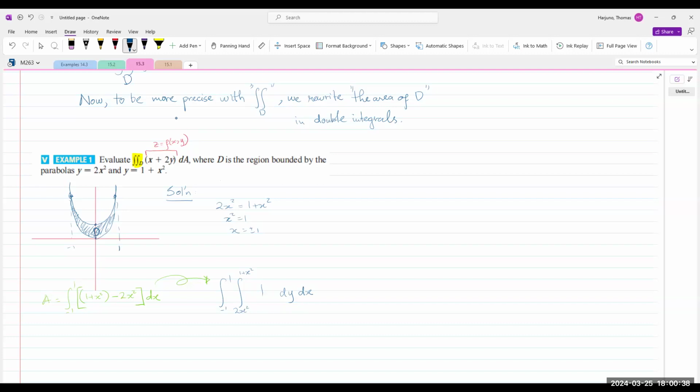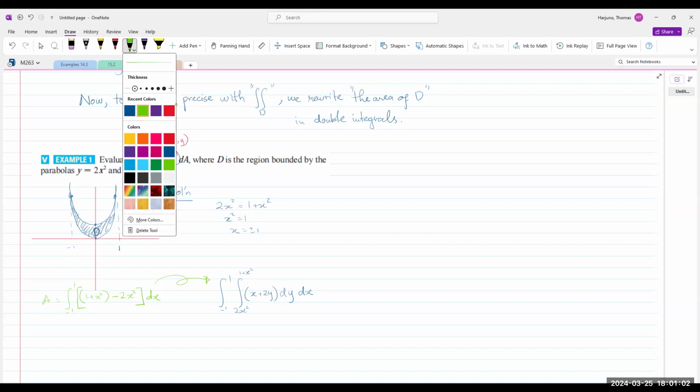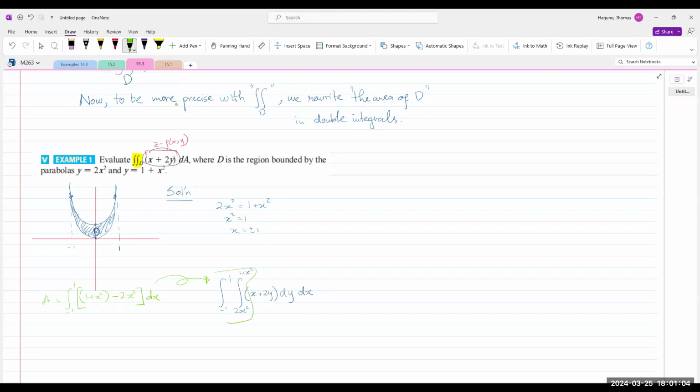But now they tell us the integrand is not 1. The integrand instead is x plus 2y. Now, my point is, how do you set up the integral? That integral comes from finding the area.